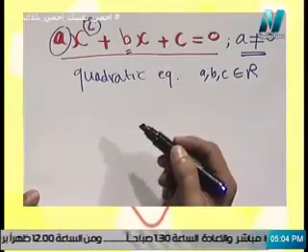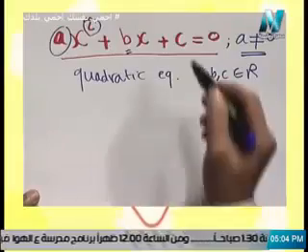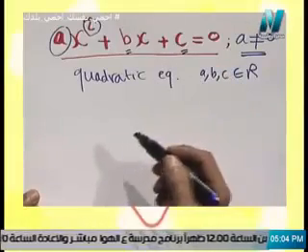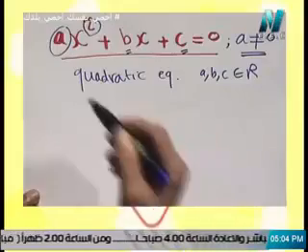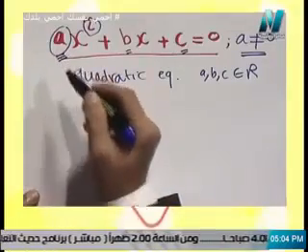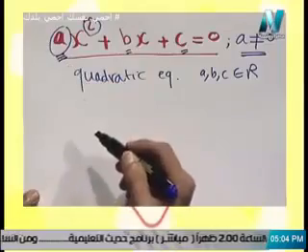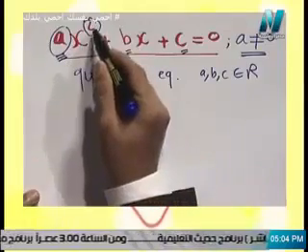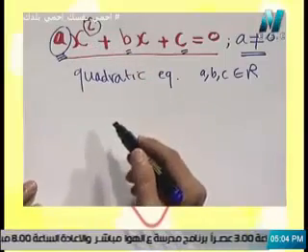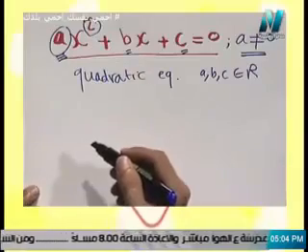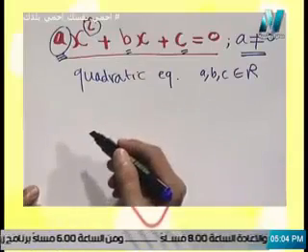Okay, it's not a problem. c can also be 0 or any other real number. But we have a condition here that a doesn't equal 0, to keep power 2, to keep it as a quadratic equation.